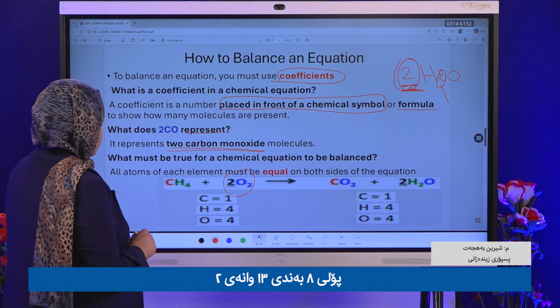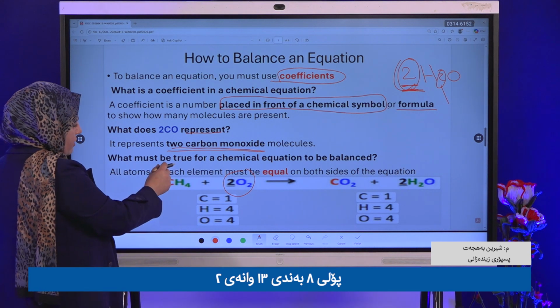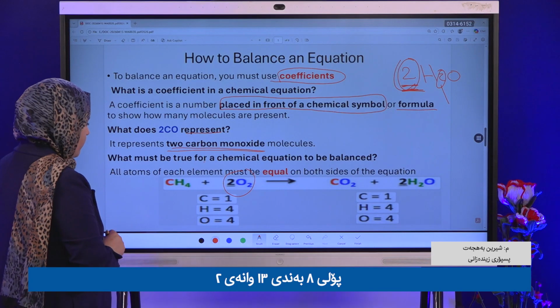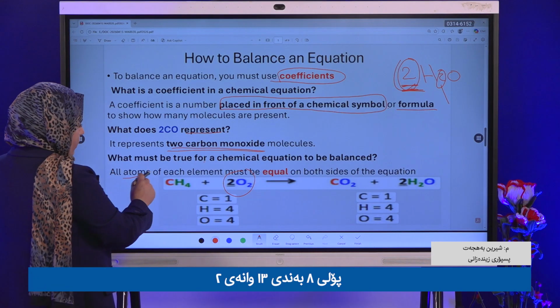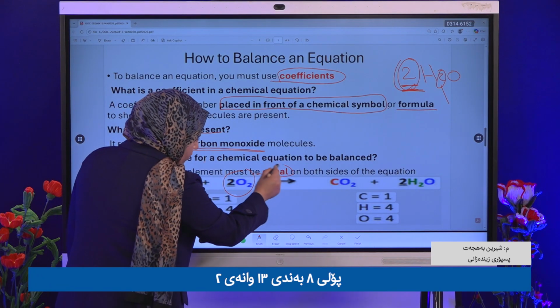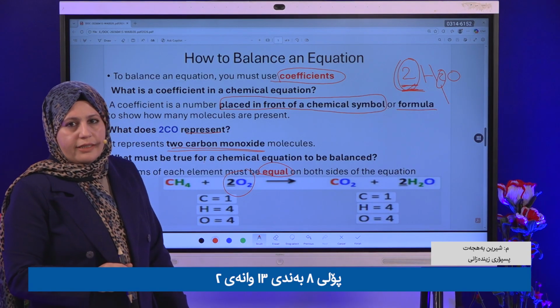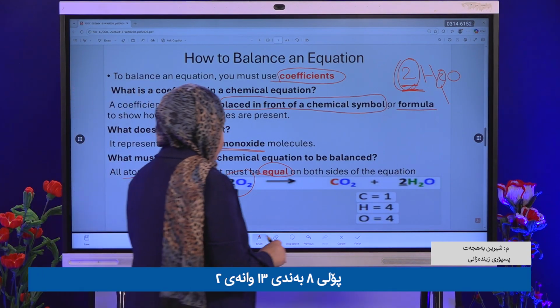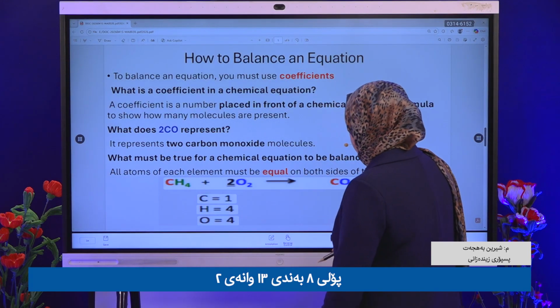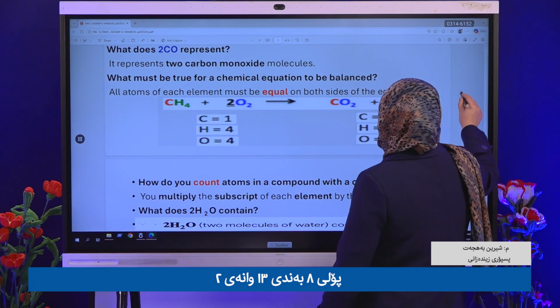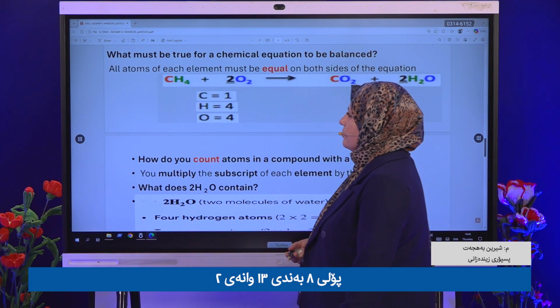So, what must be true for a chemical equation to be balanced? All atoms in the chemical equation must be equal on both sides, in the products and the reactants. Okay. Look here, we have this equation.